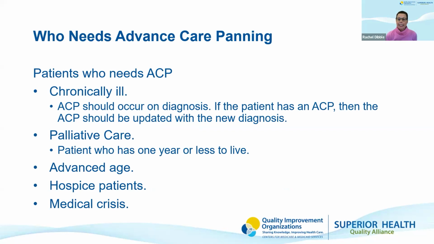So who needs this? Patients who actually need advanced care planning are those that are chronically ill. Like I said, the provider at diagnosis starts this conversation because you know the trajectory. And this is when you start in bite-sized pieces for the patient to understand their trajectory, for them to make decisions.